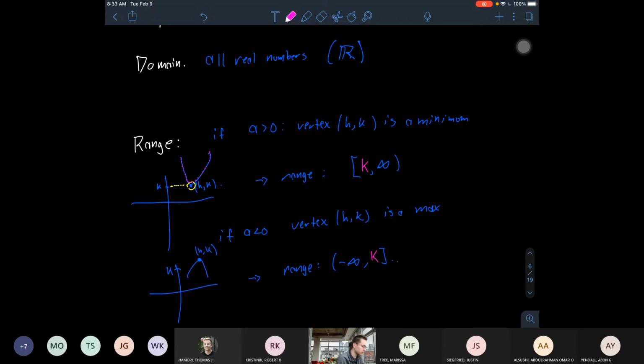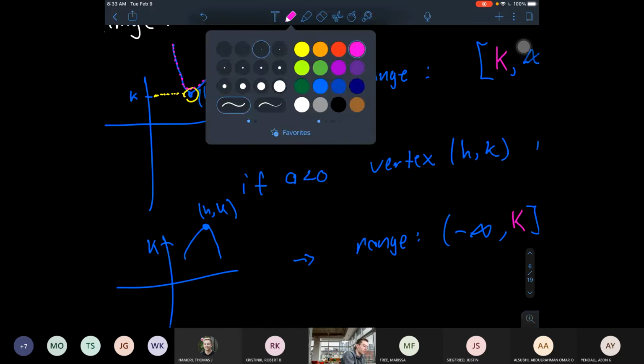And we had that if a is less than 0, then it's going to open down, and rather than having a minimum y value, we're going to have a maximum y value. And this guy is going to go down and down forever.